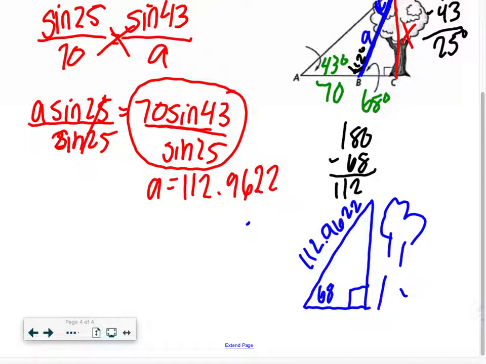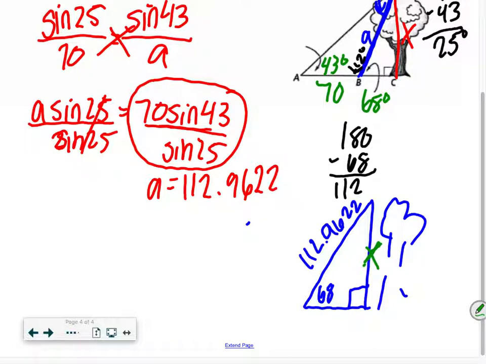And this is the side I'm looking for. Good news, I have a right angle. We love right angles. SOHCAHTOA!